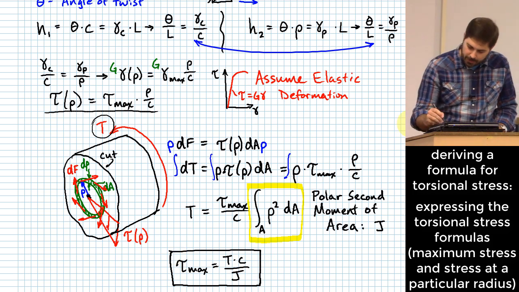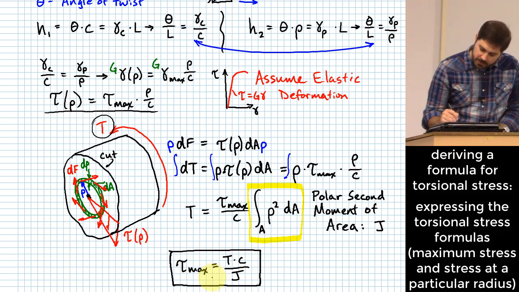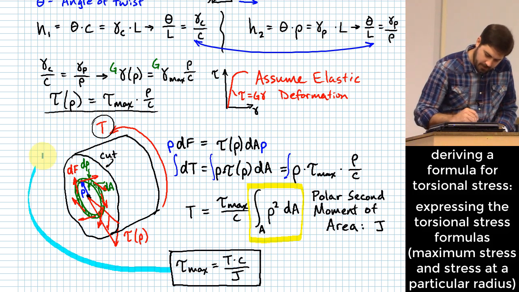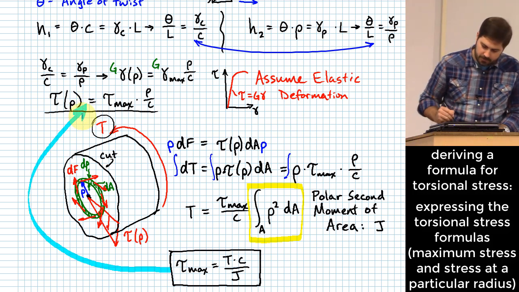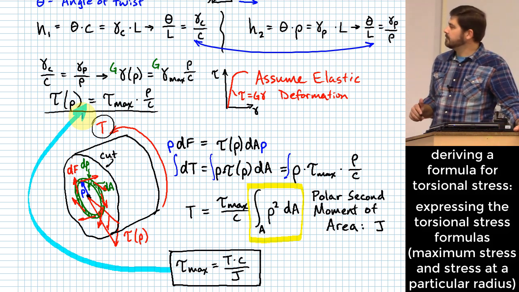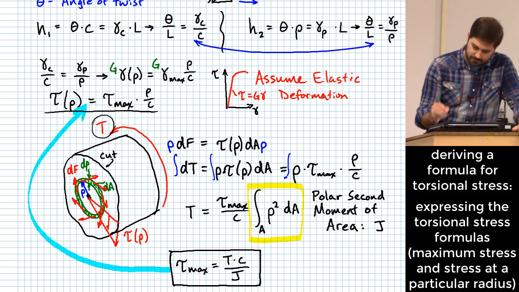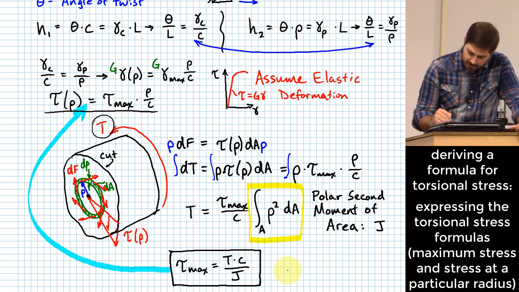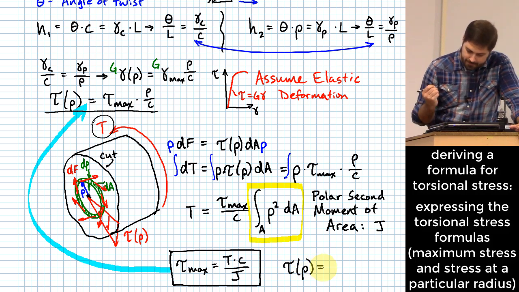Okay, now a quick question for you. What if I took this result and I plugged it back in, right, up here? Okay, the c's would cancel out, and what it ends up giving me is stress as a function of rho is going to be equal to what?